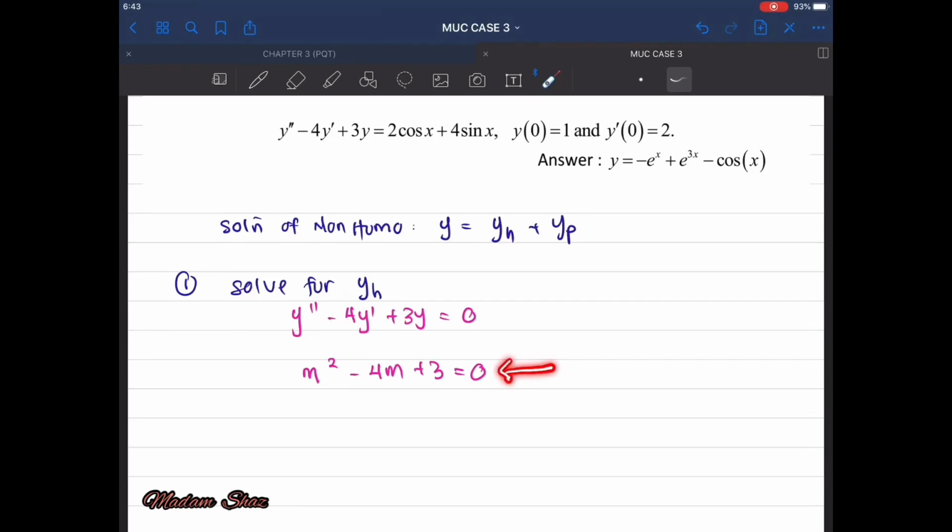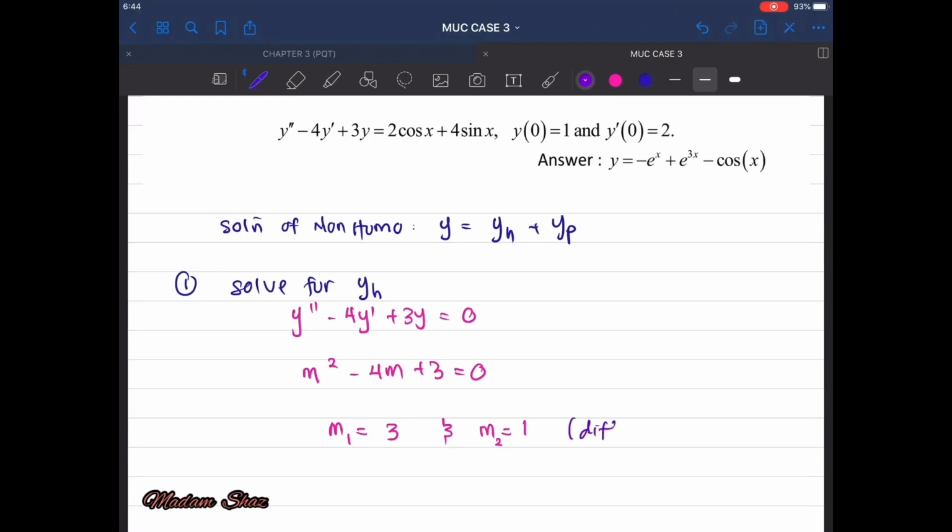From the characteristic equation here, we want to find the value of m. By using your calculator, m is equal to 3 and m is equal to 1. This one we write as m1 and this one is m2.